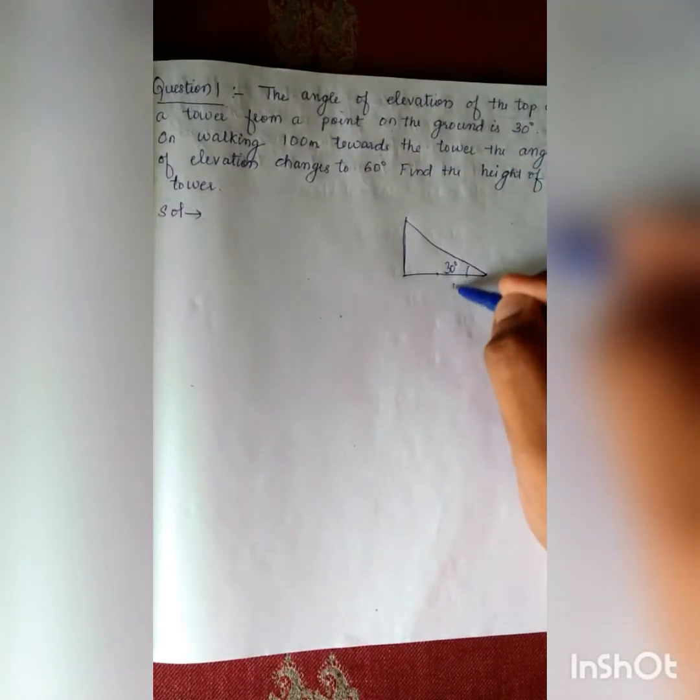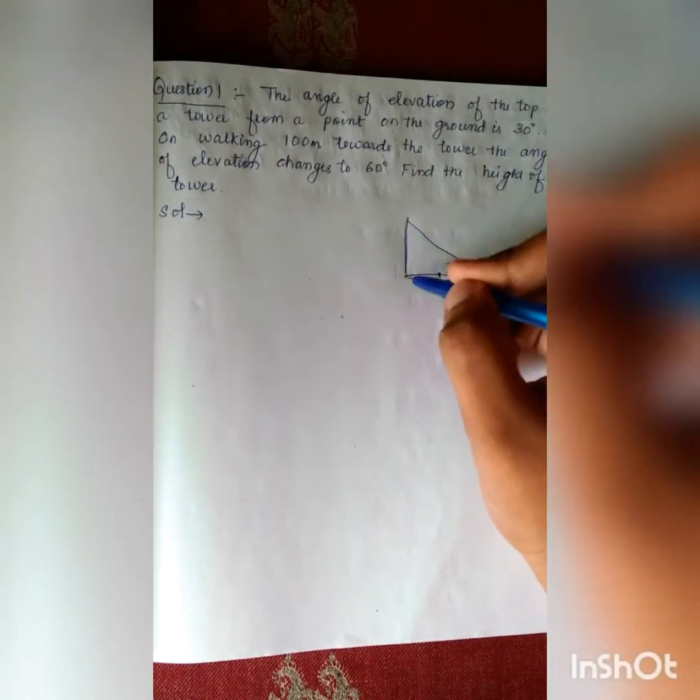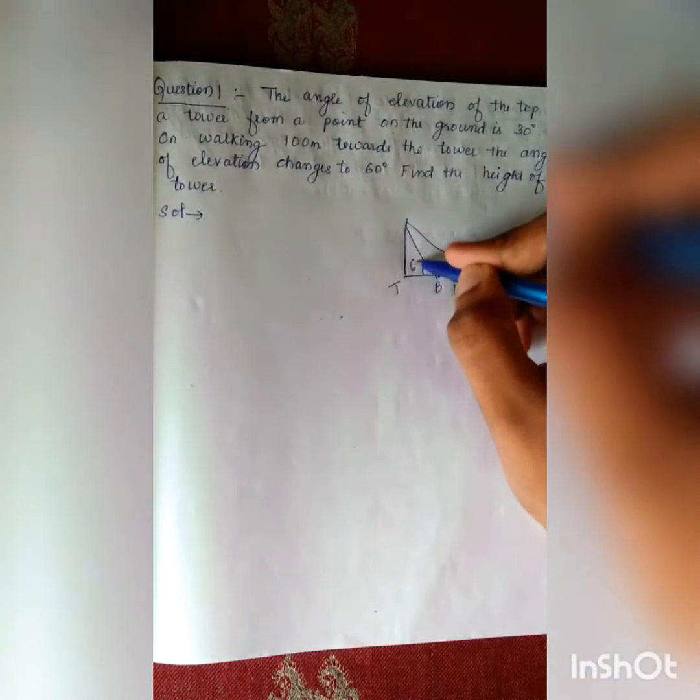Now on walking 100 meters towards the tower, suppose we reach point B from point A, and suppose the tower is point D. Now the angle of elevation changes to 60 degree.